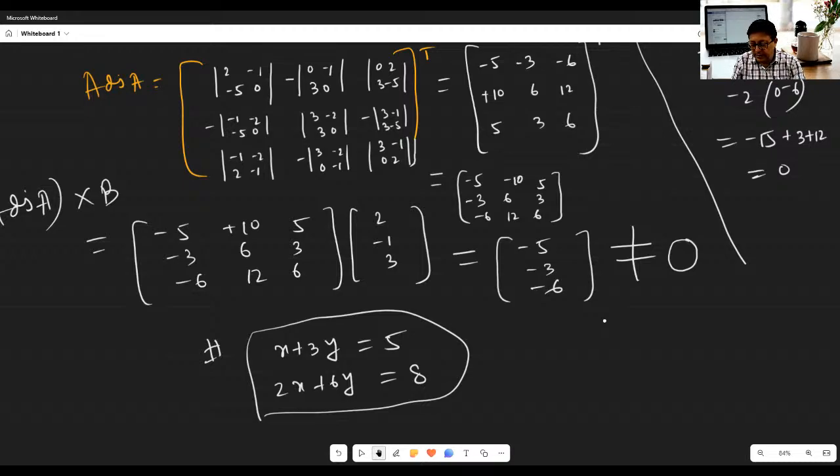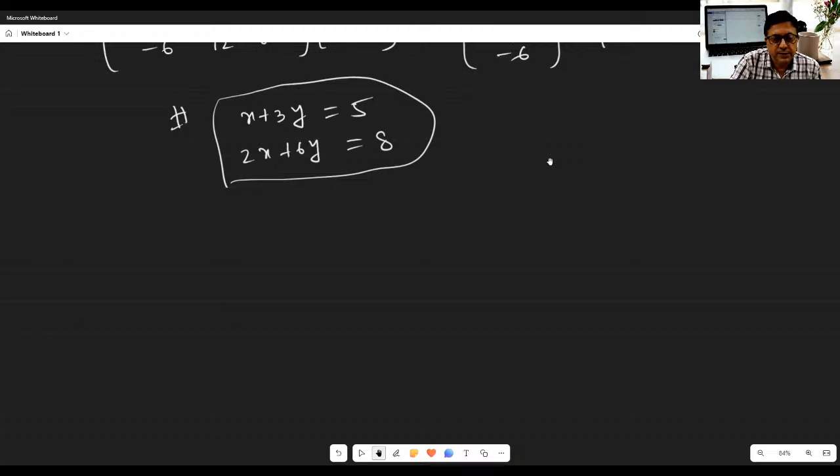You find the determinant, normal method. Then adjoint A into B, you know how to find the adjoint A. Find it first. Do it first.